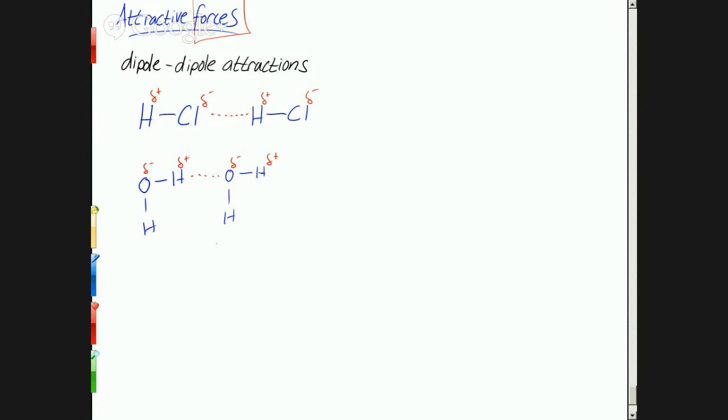And indeed, this is how you form a framework of ice or of just the attractive forces in water. So in this way, these polar molecules can hold each other together in a way that nonpolar molecules really can't.